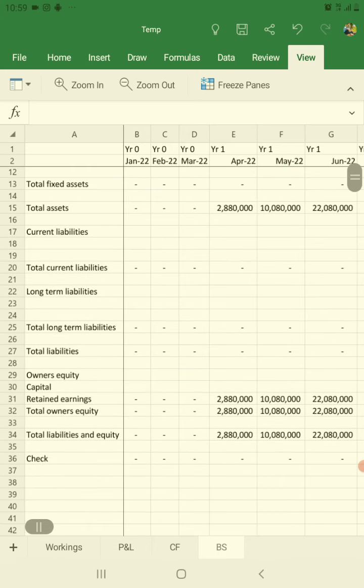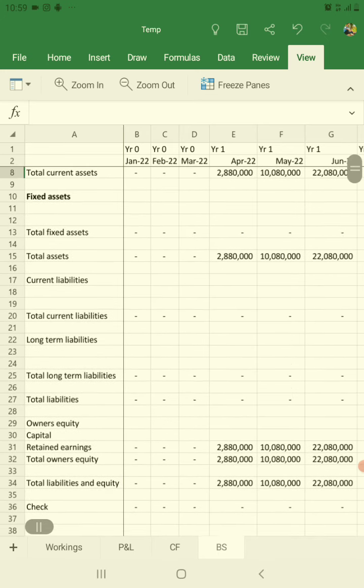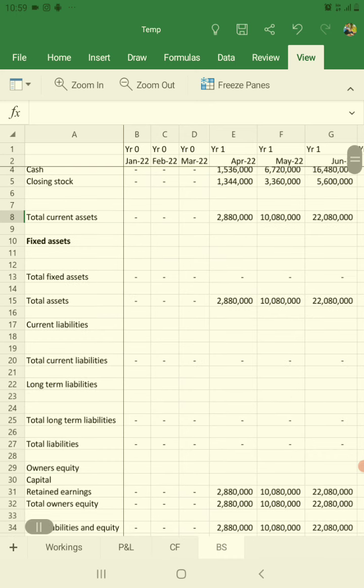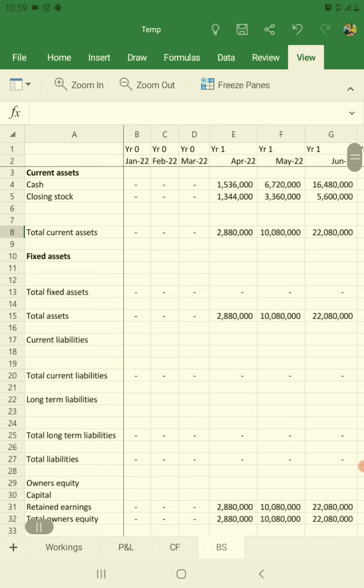Okay, so this part was to give you a recap of what we did in lesson 2 and to introduce stock.